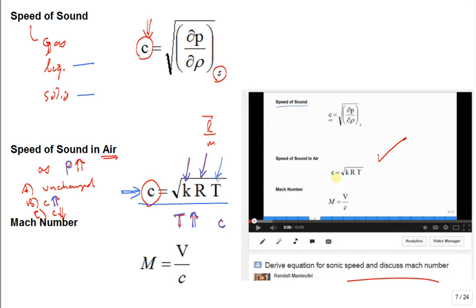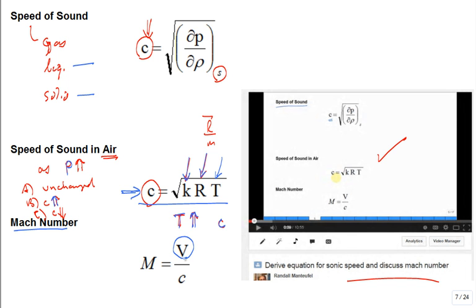All right. Now, how many have heard of the Mach number? Mach number. True. Yeah. So, the Mach number is the ratio of the actual speed of something, typically in the air, compared to the velocity of sound or the sonic speed in the air.